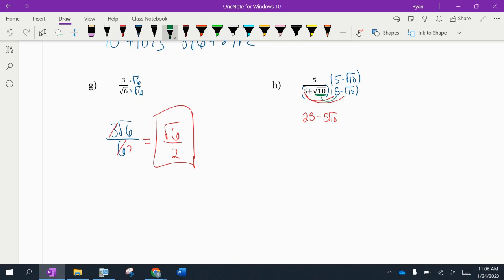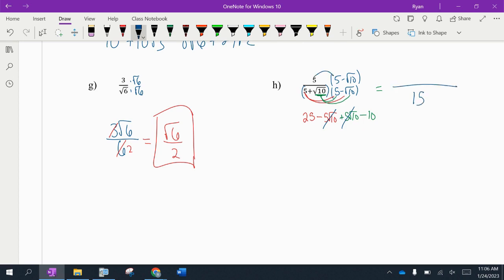Then square root of 10 times 5 is positive 5 root 10. Square root of 10 times negative square root of 10 is negative 10. So because we're multiplying by the conjugates, these inside terms, yes, they cancel each other out. 25 minus 10 gives us a 15 in the denominator.